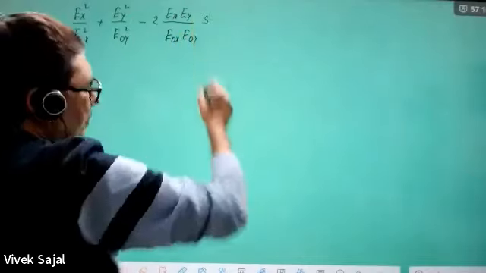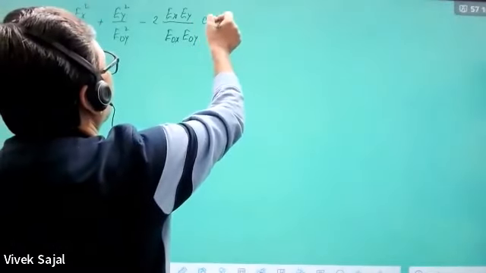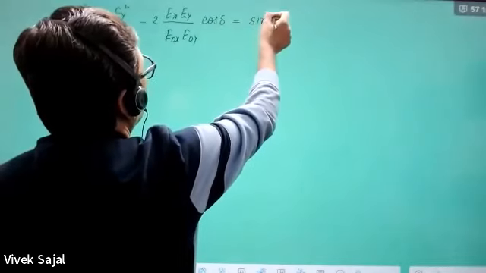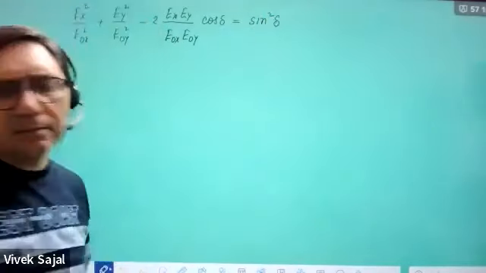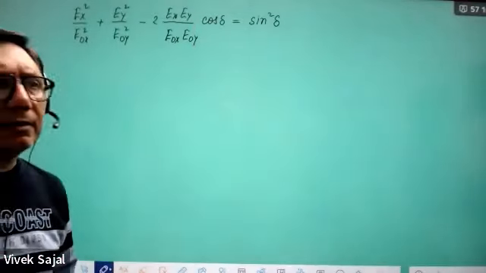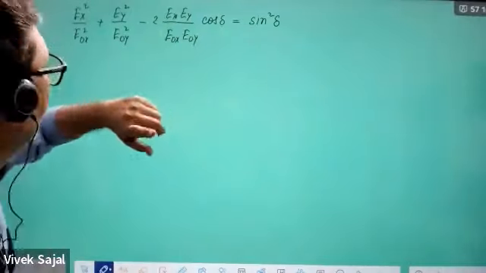What was this? This was cos delta equal to sin square delta. ठीक है? This is your equation. Now, what is this representing? This is representing the emergent light.